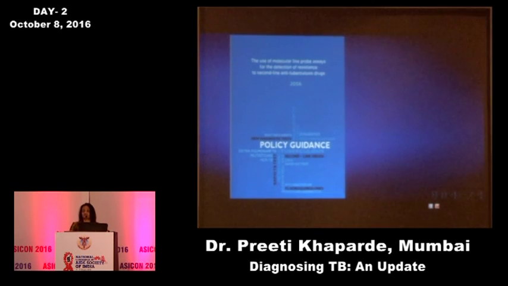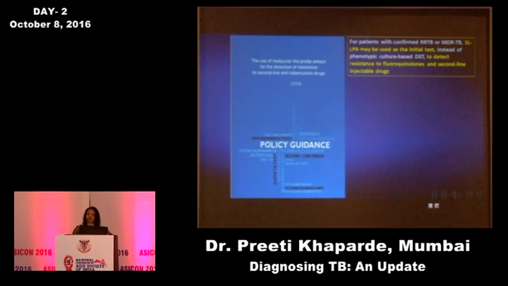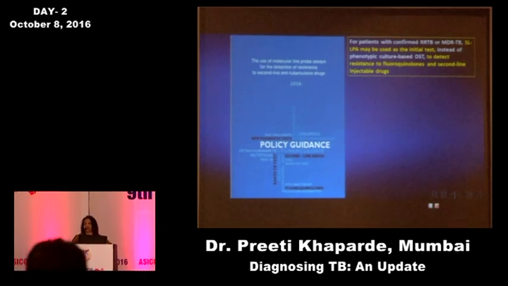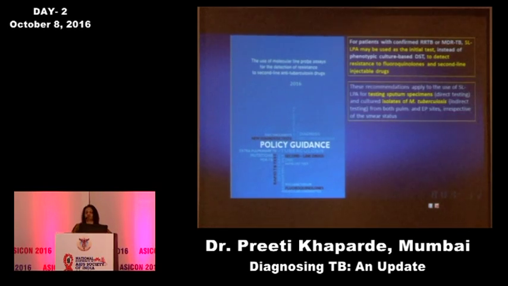In May 2006, WHO issued a policy guidance wherein it recommended the use of second-line LPA as the initial diagnostic test, replacing the conventional liquid phenotypic DST, to detect resistance to fluoroquinolones and second-line injectable drugs. This test can be performed directly on the sputum sample, or on a mycobacterial isolate.